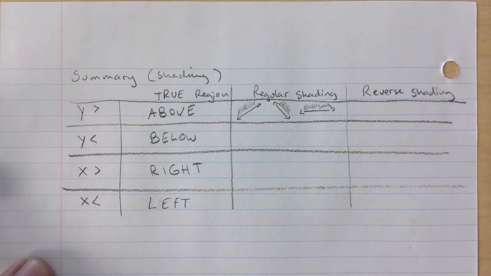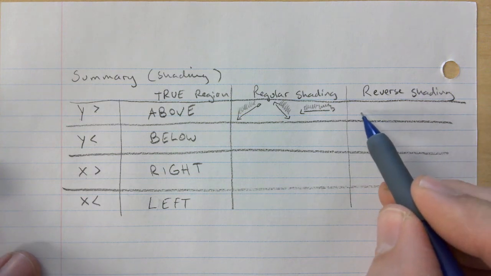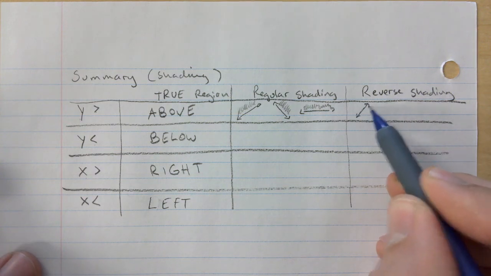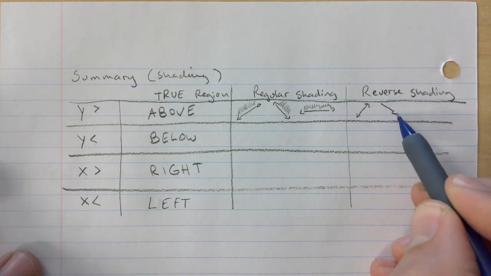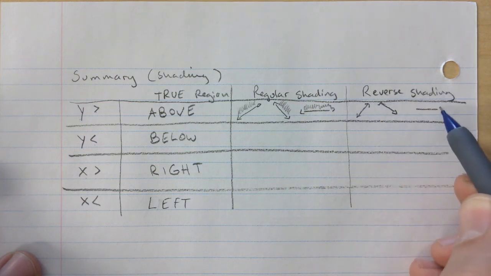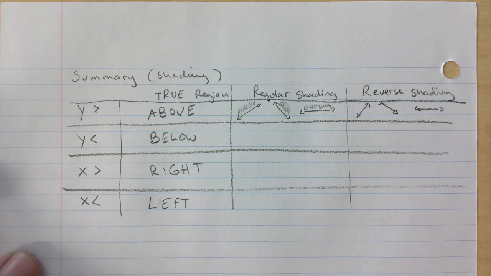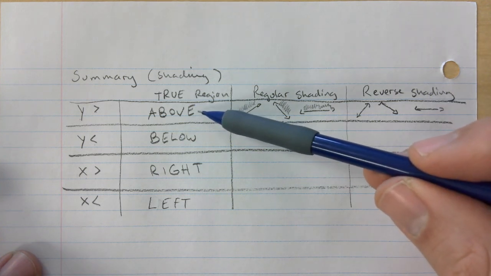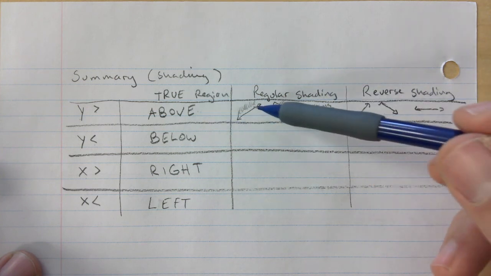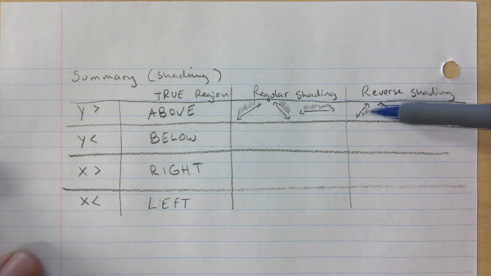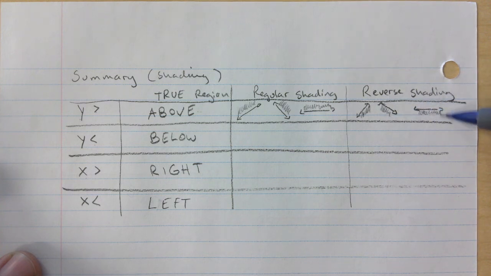Okay. If you're using reverse shading, keep in mind that the true region is still the same. That doesn't change, but you'll be shading the false, right? So it'd be down here, or down here below the line, right?